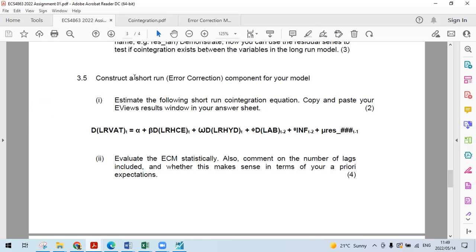Construct the short run component of your model. When we're testing for co-integration, we're actually using the long run. I explained that, right?